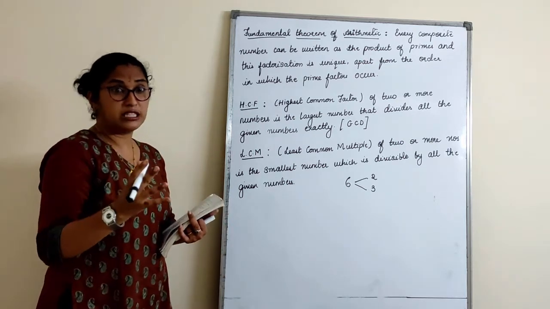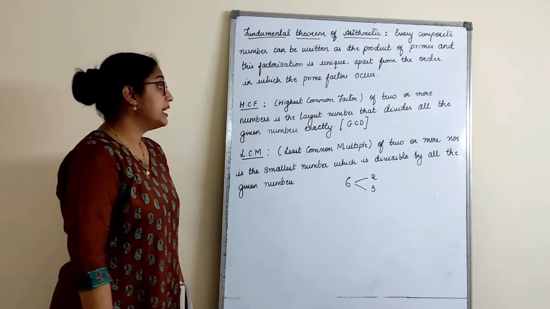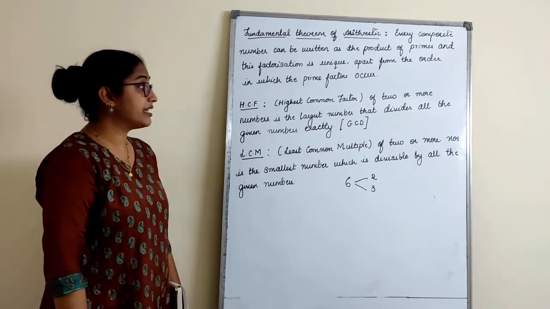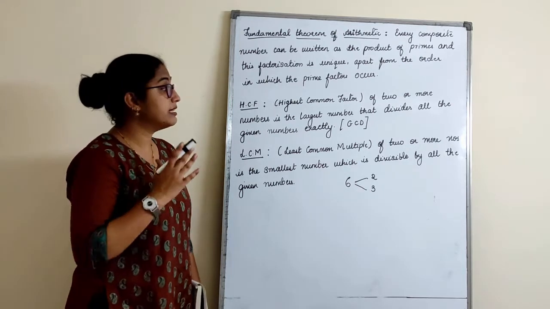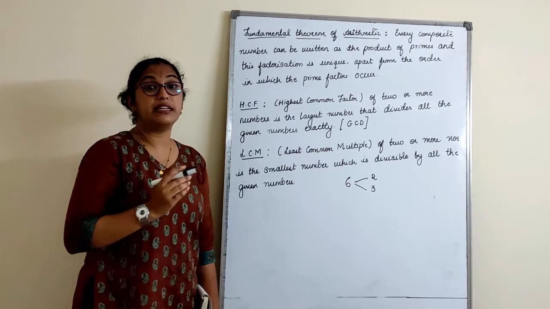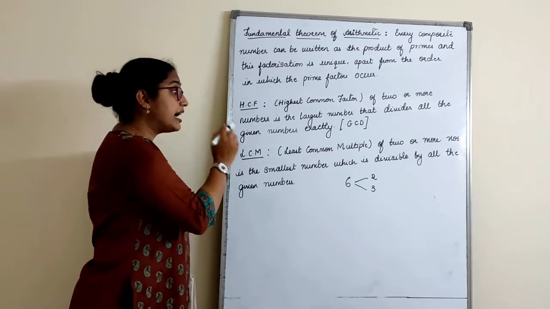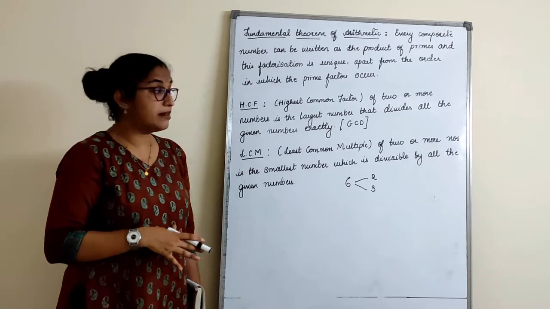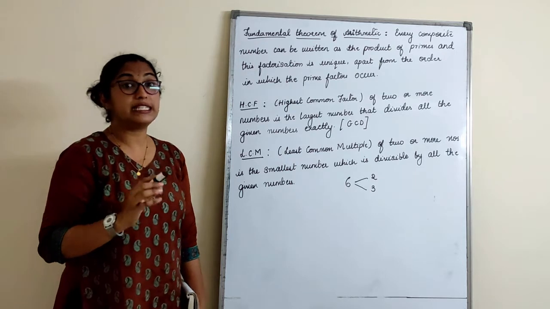Next, basic concepts to understand what actually HCF and LCM are. HCF, the highest common factor of 2 or more numbers, is the largest number that divides all the given numbers exactly. It is also called the greatest common divisor, GCD, right?